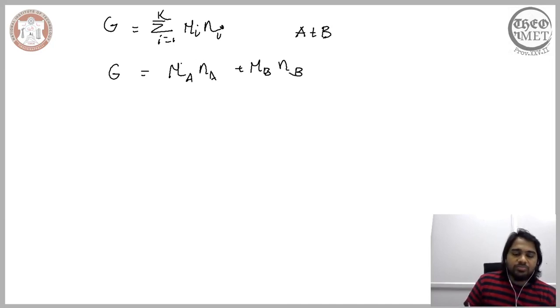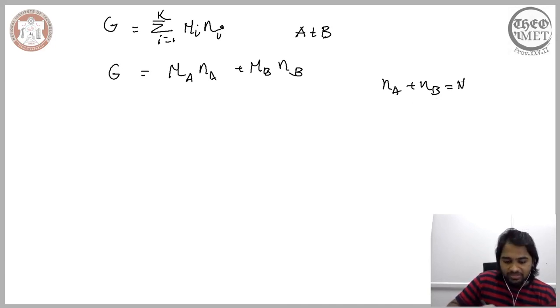Now it is possible for us to divide both sides by the total number of moles of components that are present in the system. So this is the total number of moles of components that is present in the system. So we can divide both left and right side with this term here.